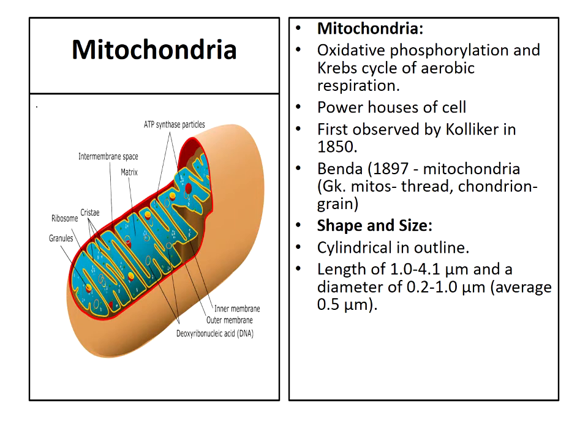Next is the shape and size. The mitochondria is cylindrical in outline, and the length varies from 1.0 to 4.1 micrometer in diameter.